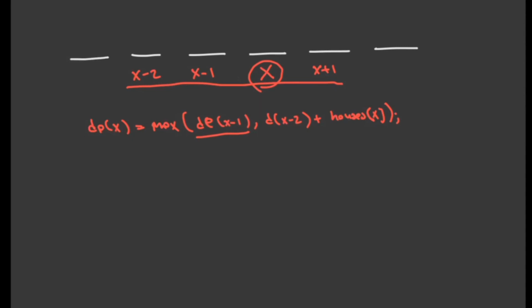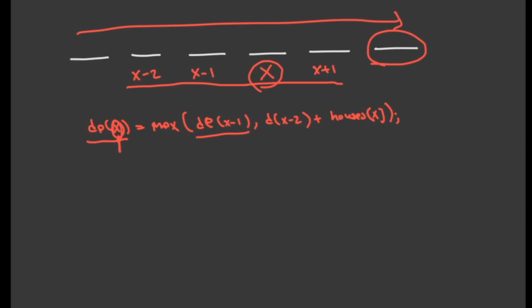Ultimately, we will return the maximum profit achieved on the last day since it incorporates the highest profit attainable using all the houses. So we will return this one. This DP is going to return the maximum profit that can be obtained until the X day. That's why we wrote it.